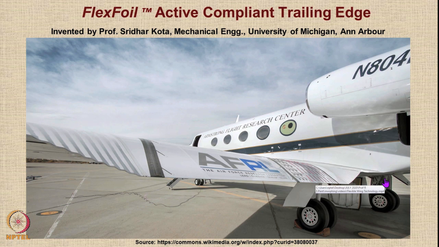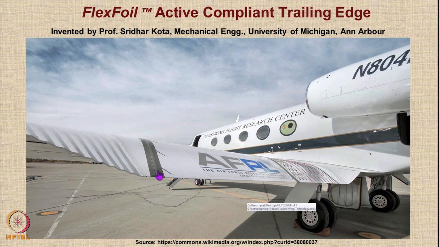Now, this is an example of a project which has gone from conceptualization in 1998 to actual testing on an aircraft in around 2015, I think. So, this is the flex foil active compliant trailing edge, which was invented by Professor Sridhar Khota of the Mechanical Engineering Department of University of Michigan Ann Arbor.